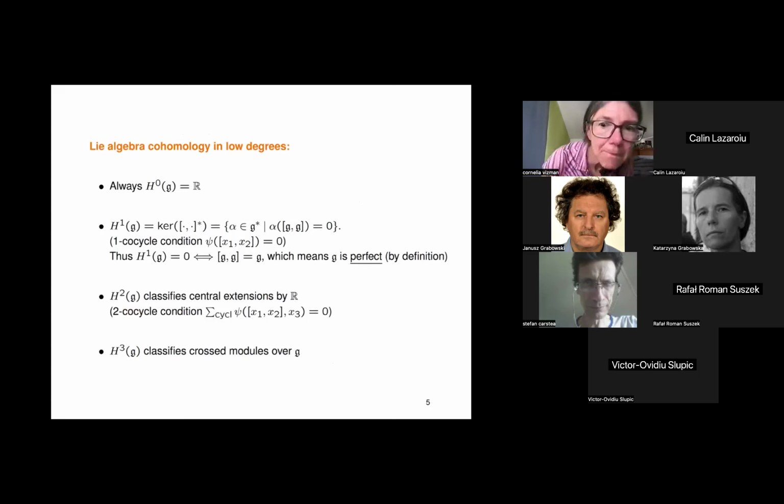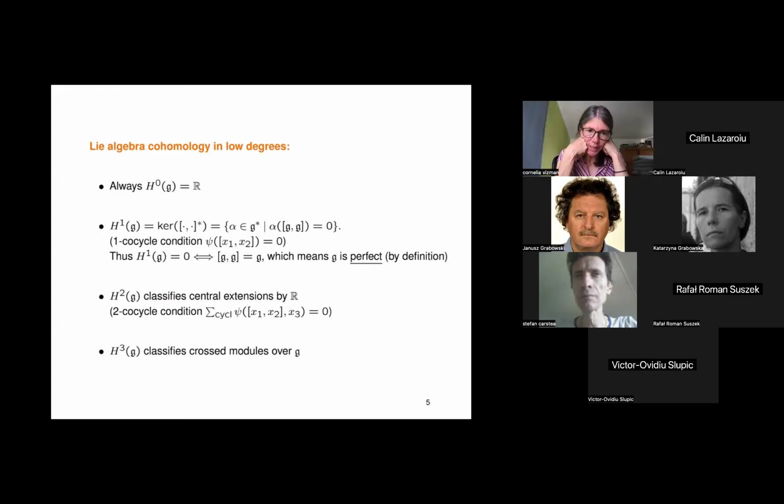So now, H1 of g vanishes if and only if g is perfect. So the Lie algebra generated by brackets is the whole Lie algebra g.